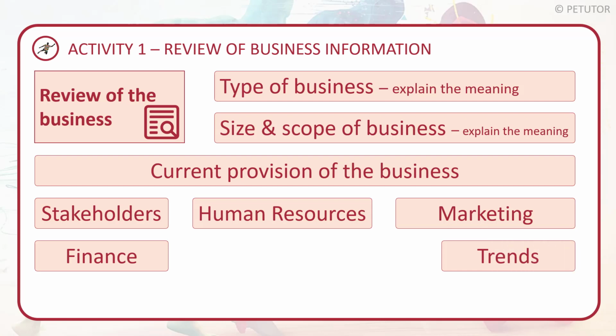Similarly, if there's anything that is on trend, maybe a new product or a new service has been introduced because it's trendy and very popular at the moment, is that something worth your students picking up on? Now, I'm not saying for one moment that your students have to pick up everything and talk about all of those things. It might be that the information that's provided doesn't cover all of those areas. What I am saying is that these are the areas they should be looking to pull information out of.